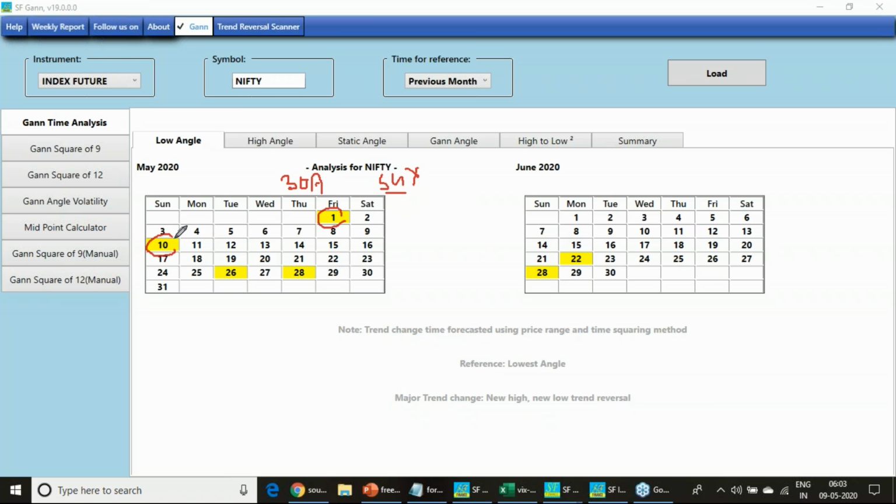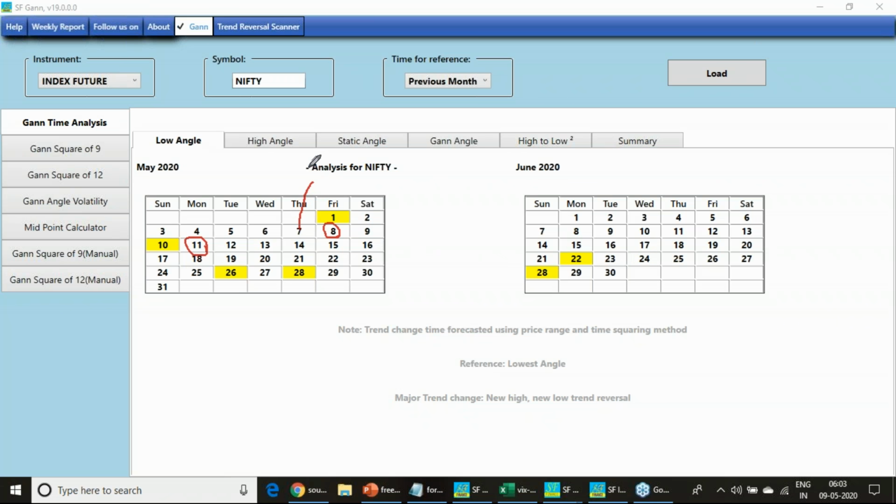Again, 10th of May was a trend reversal day, which is falling on a holiday. So if any of our calculation falls on a holiday, then the 8th or 11th should act as the trend reversal day.